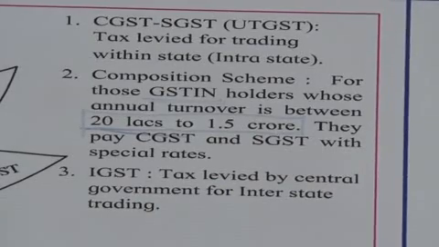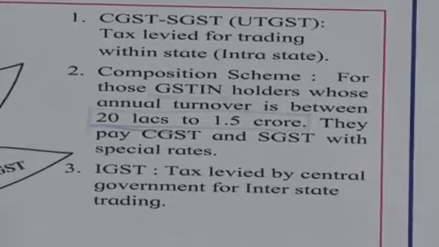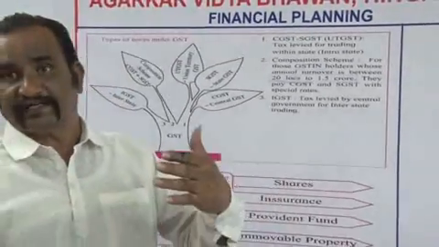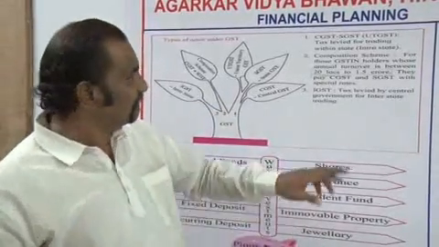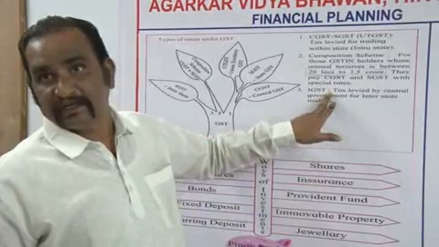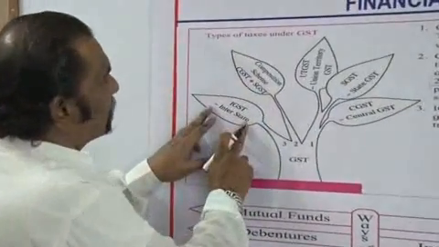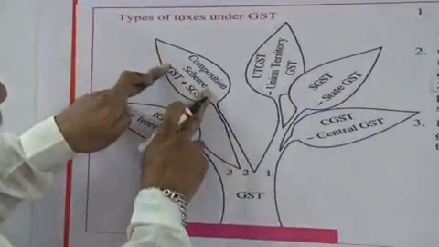Now if there is trading between two merchants or two shopkeepers or two companies from one state to another state, that is from Maharashtra to Punjab and Punjab to Rajasthan, then IGST comes into force. Therefore, there are the types of taxes, IGST, that is interstate.